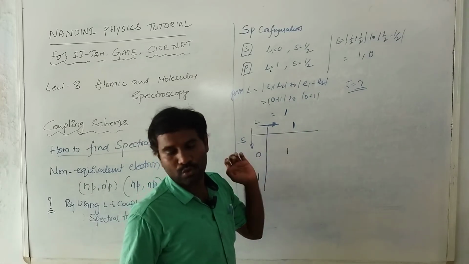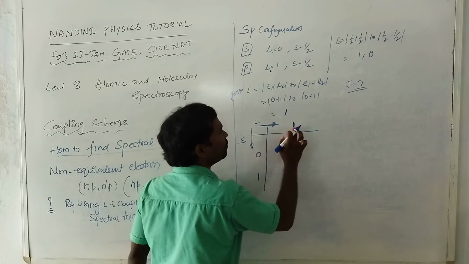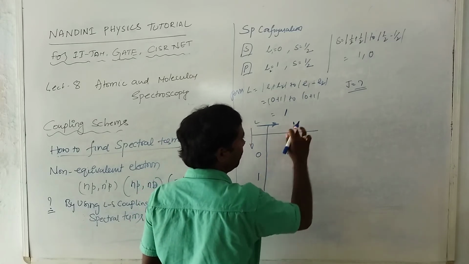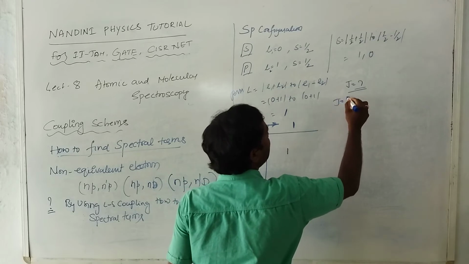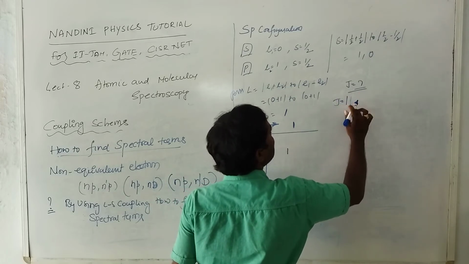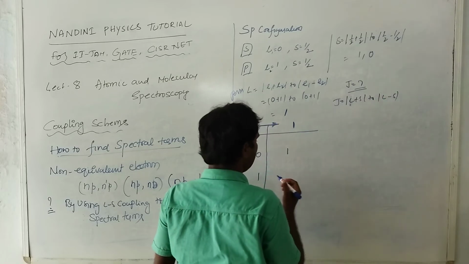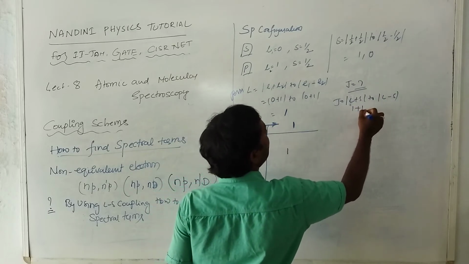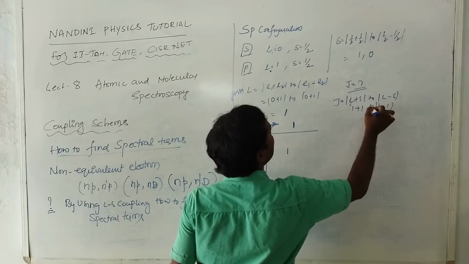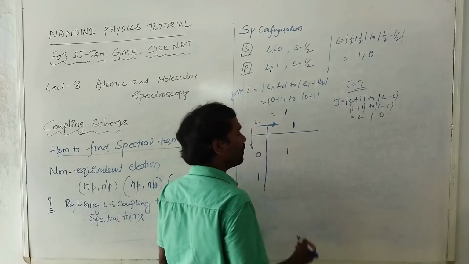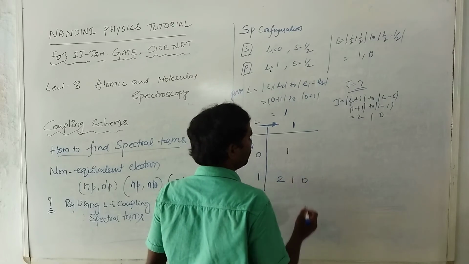In this direction 0 plus 1 indicates 1, and for 1 plus 1 there are 3 possibilities, because the J value is L plus S to L minus S. So simply use 1 plus 1 to 1 minus 1. Okay, so this is the theory. This is 2 and 0, and between them there is 1, so this is 2, 1, 0: 3 terms.